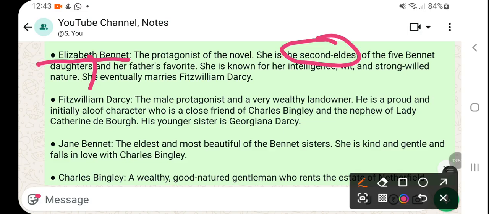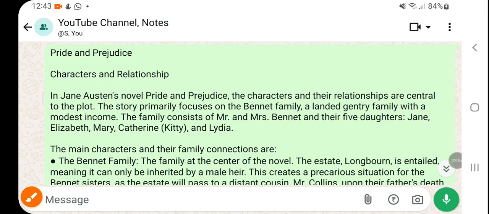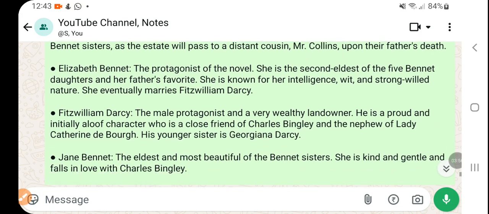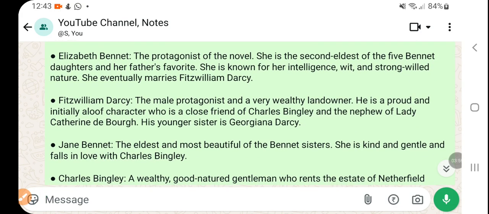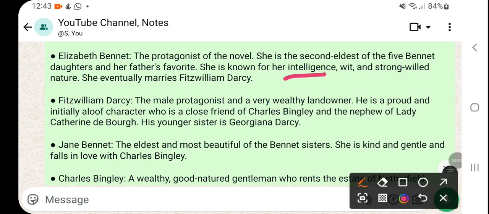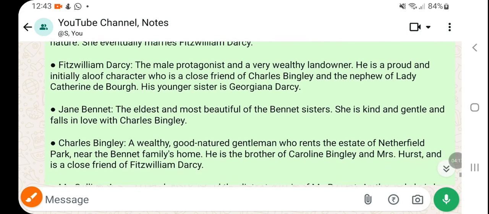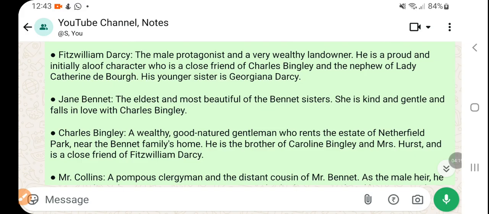She is known for her intelligence, wit and strong will. She is an intelligent girl, witty and strong-willed. She eventually marries Mr. Fitzwilliam Darcy.